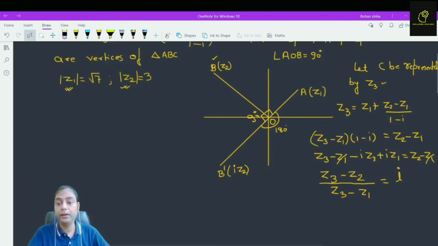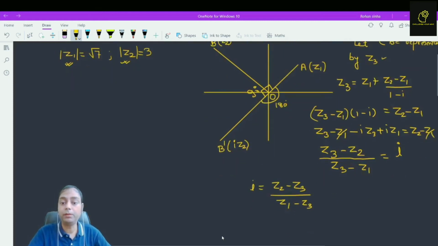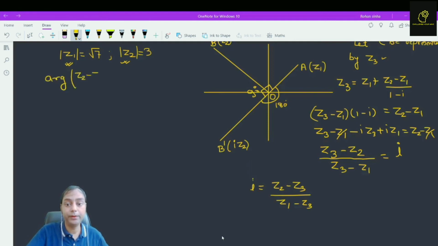So what can we say? We can also say that this i is equal to (Z2 minus Z3) upon (Z1 minus Z3). Now what is modulus of i? Modulus of i is equal to 1. So what can we say? The argument of (Z2 minus Z3) upon (Z1 minus Z3) is how much?